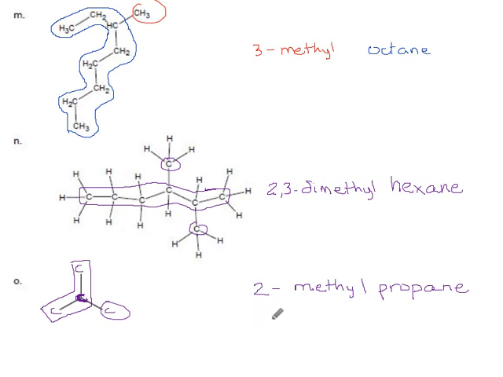The other possibilities are either it's 1-methylpropane, or, well, we wouldn't say 3-methylpropane because that's a higher number than this, but 1-methylpropane doesn't exist. Do you see why not? Here's what that would mean.